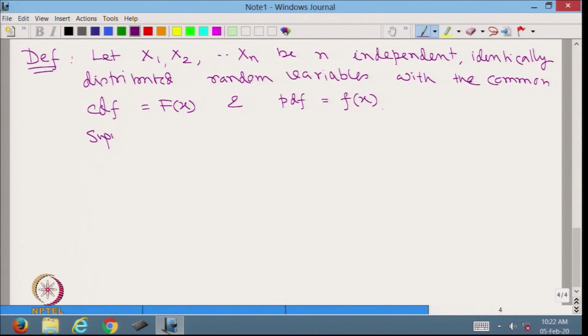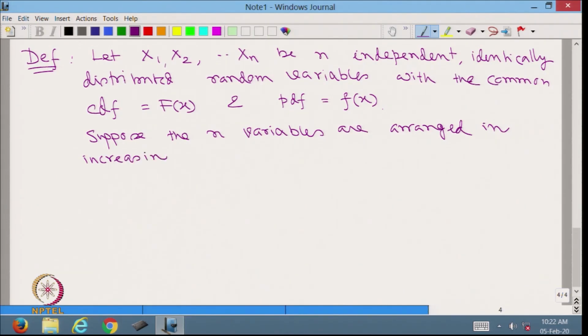Now, suppose these n variables are arranged in increasing order of their values.